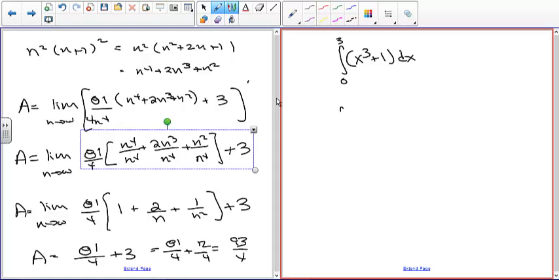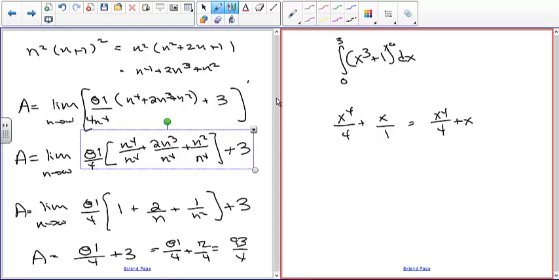To take the antiderivative of x cubed plus 1, you add 1 to the exponent and divide by the new exponent. Here we have x to the 0, so you add 1 to the exponent and divide by the new exponent. So if I take the antiderivative of x cubed, I get x to the 4th over 4 plus x.